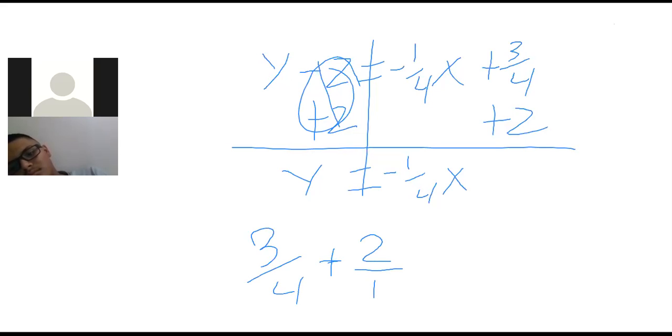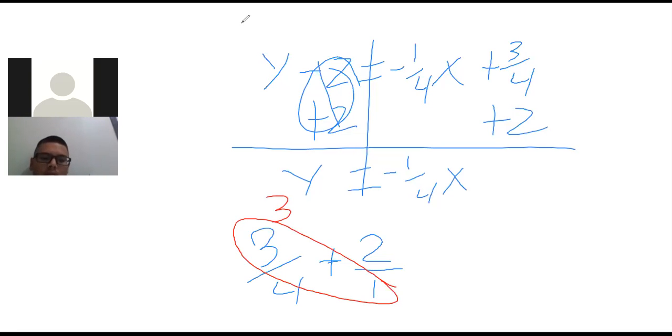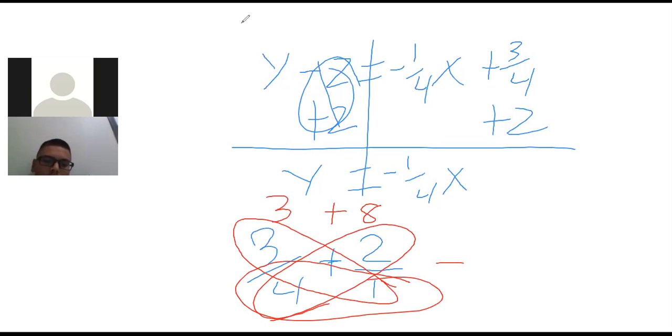So what we can do here is say 1 times 3. Oh my gosh, one second, I accidentally erased that. So let's do 1 times 3. That should be 3. Then 4 times 2, which is 8. And on the bottom, 4 times 1 is 4. And then what's 3 plus 8? 11.